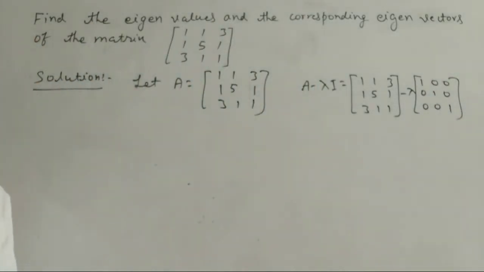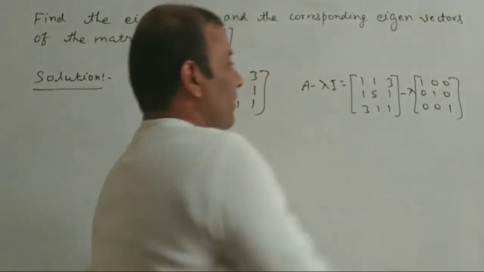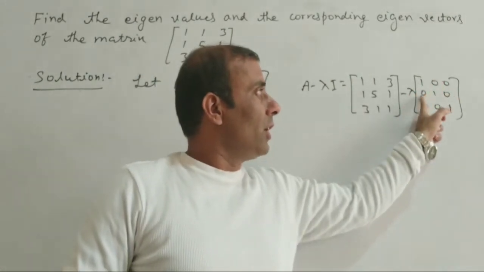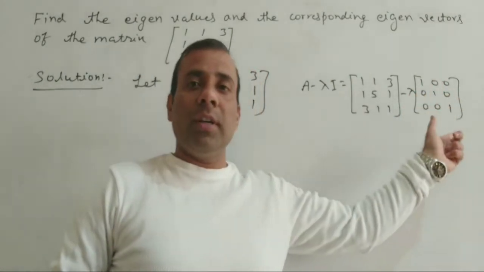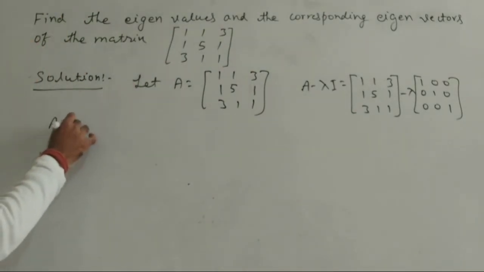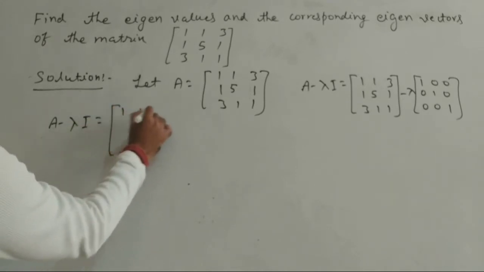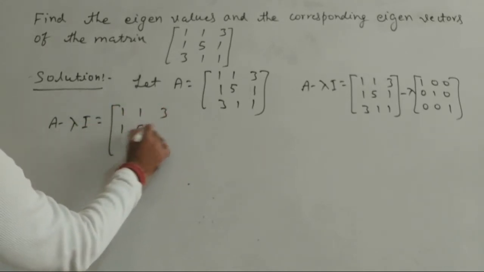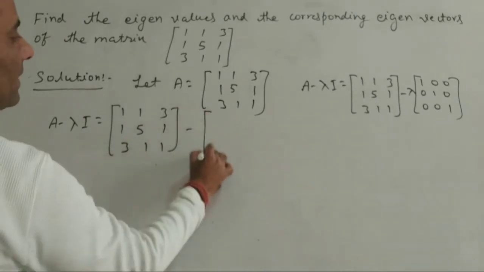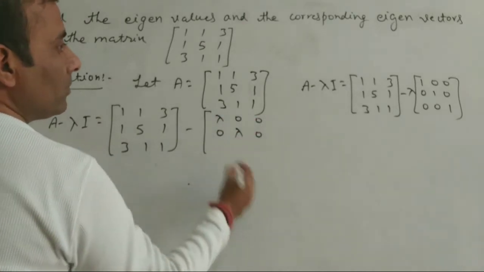This is the value of A minus lambda into I. When you multiply the identity matrix with lambda, it becomes [lambda 0 0; 0 lambda 0; 0 0 lambda]. So A minus lambda into I equals [1 1 3; 1 5 1; 3 1 1] minus [lambda 0 0; 0 lambda 0; 0 0 lambda].